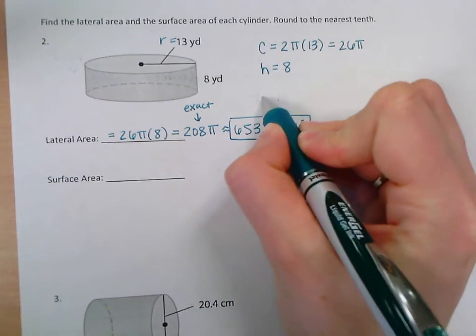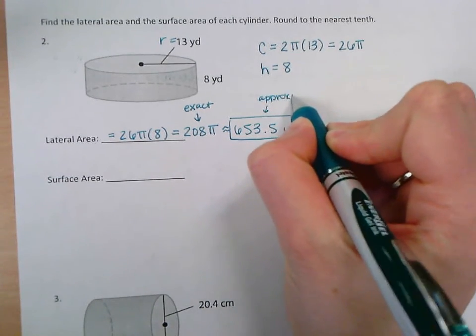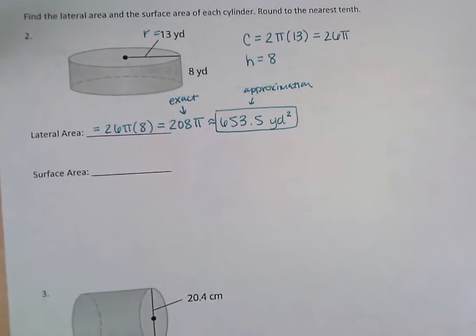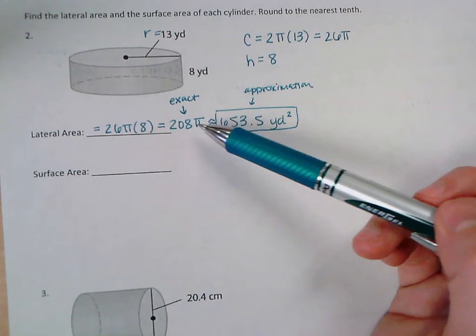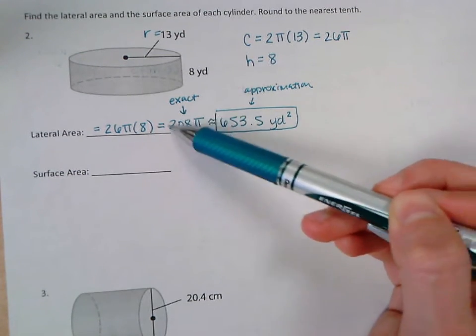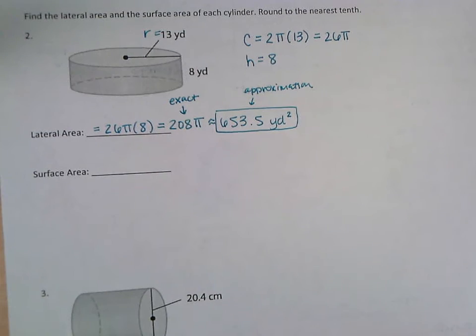So this is an approximation. Now the reason I wrote both is because I could use the exact when I'm finding the surface area, so that my surface area is also more accurate.